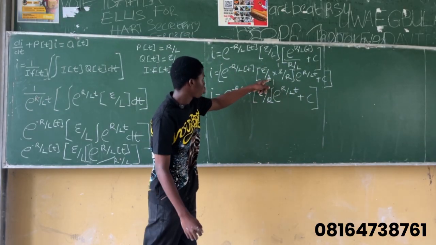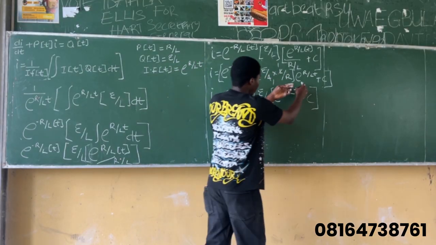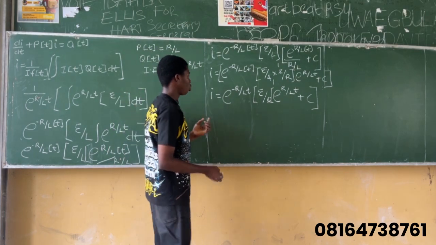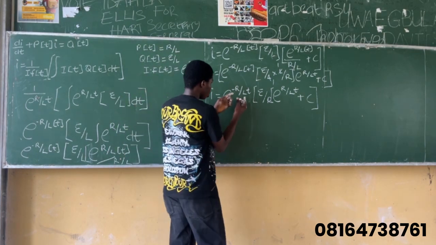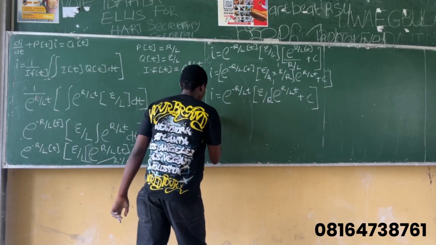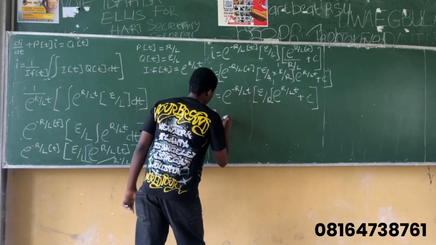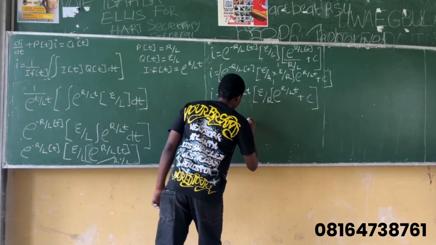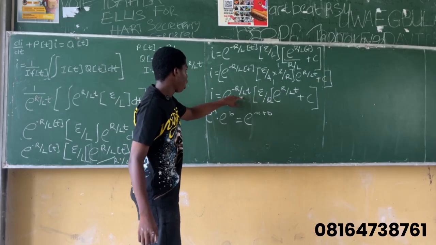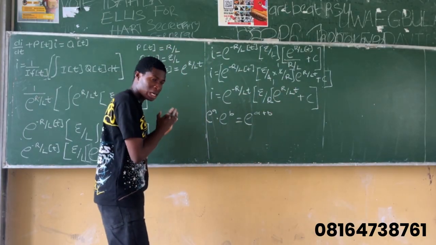So this cancels out this, then E divided by R, multiplying this plus c. So now using the laws of indices, this will cancel out this since both of them have the same base. So e raised to the power a multiplied by e raised to the power b is the same thing as e raised to the power a plus b. So now this minus R over L t plus R over L t will give us 0. It's basically cancelling it out.